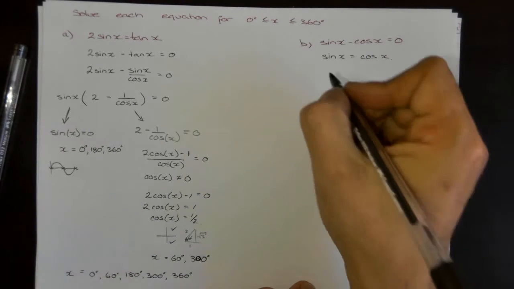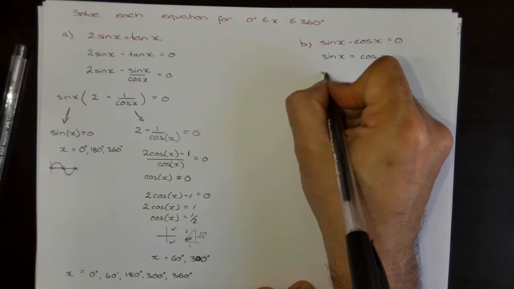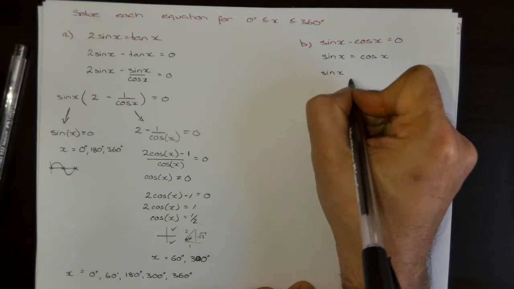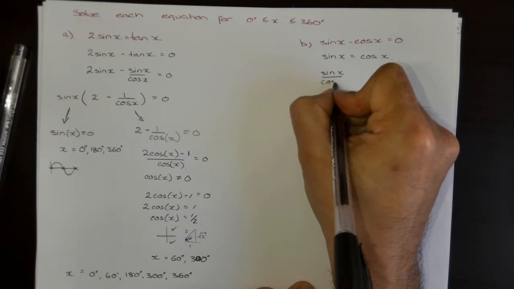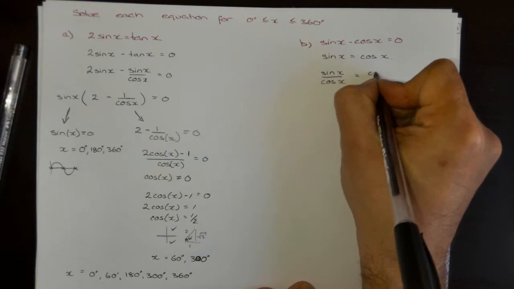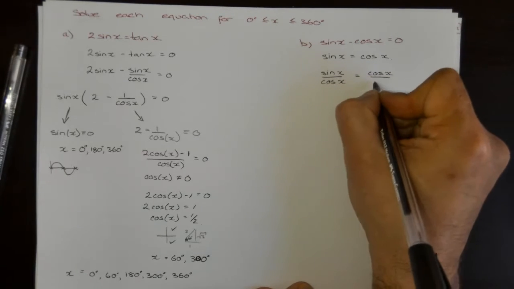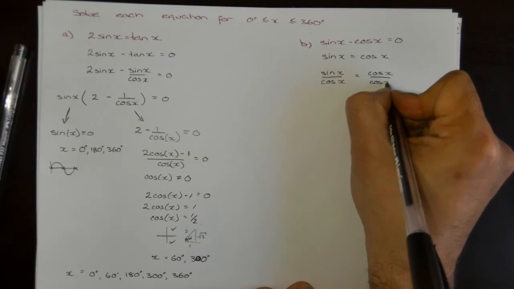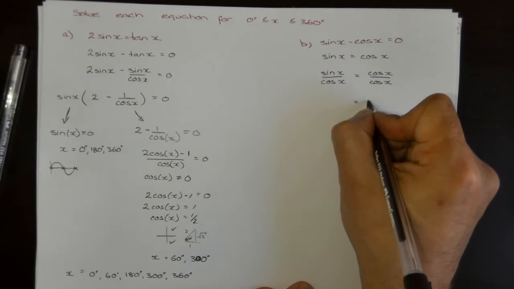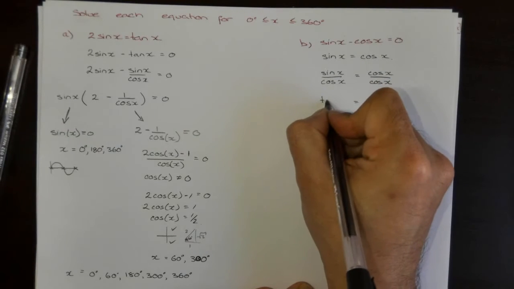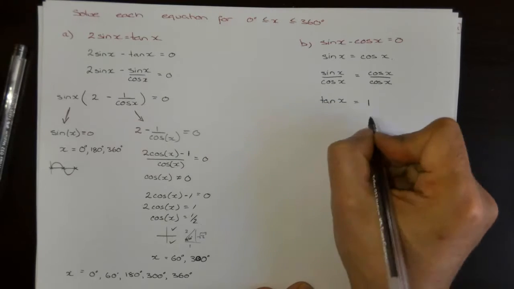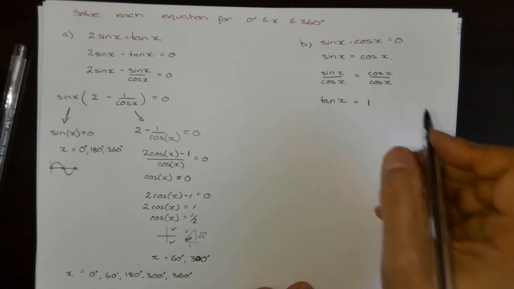Alright, if I divide both sides by cos, I'm going to get 1 on this side, and I'm going to change that into tan of x.